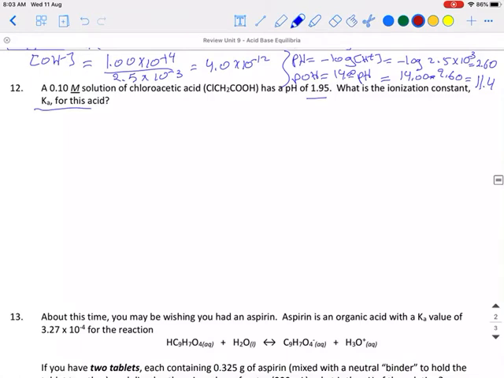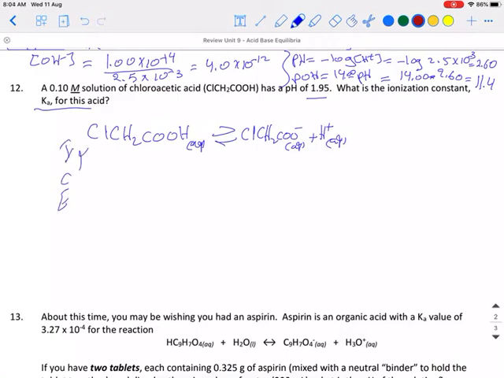Speaking about ionization constants, since we want to calculate it, it's a weak acid, because for strong acids Ka is very large. So let me construct an ICE table, an equilibrium table, for the following equilibrium. Chloroacetic acid is a weak acid that dissociates reversibly to give its corresponding ions.